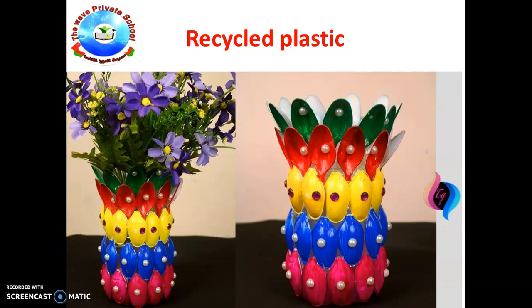To avoid problems like pollution, we can recycle plastic. These are the recycling processes. You can make household items like this, and you can decorate your room by recycling plastic things.